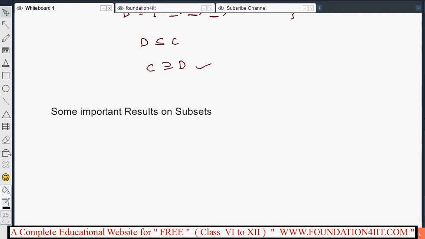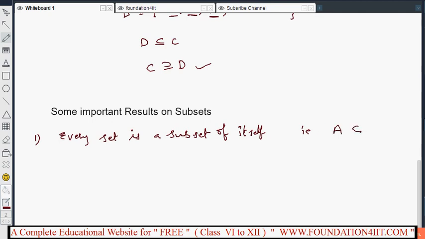First, every set is a subset of itself, because every element is an element of itself again. So we can write A is a subset of A itself, B is a subset of B, and C is a subset of C, and so on.